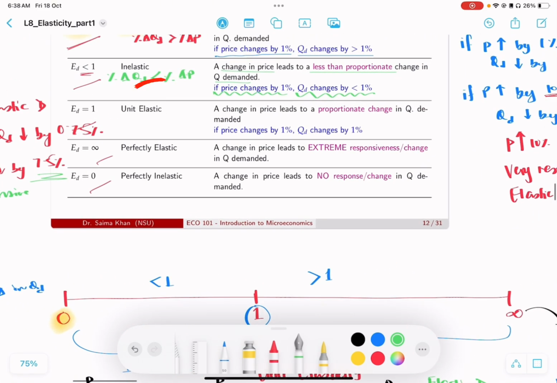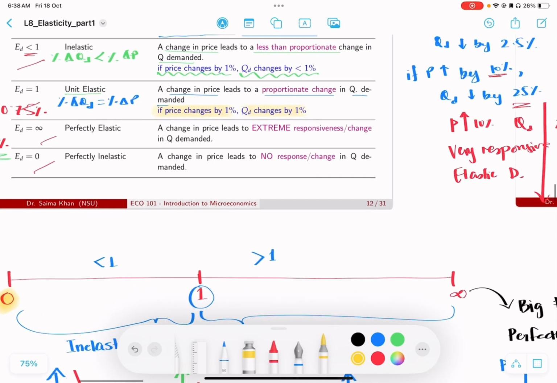Okay. When we're dealing with unit elasticity, remember that I've taught you this is essentially percentage change in quantity demanded is equal to the percentage change in price, which means there's a proportionate change in quantity demanded to a change in price, which means that if price was to change by 1%, quantity demanded would also change by 1%. So this isn't very exciting.